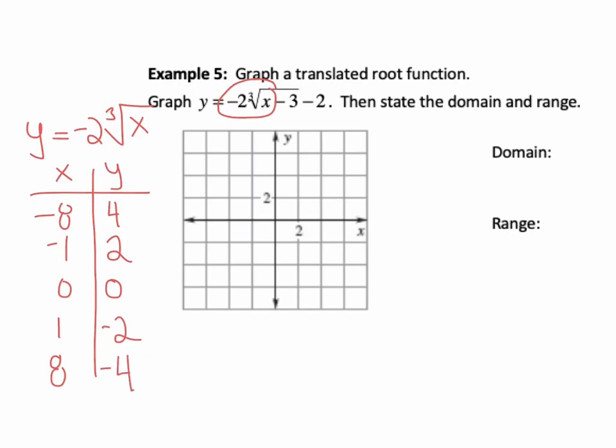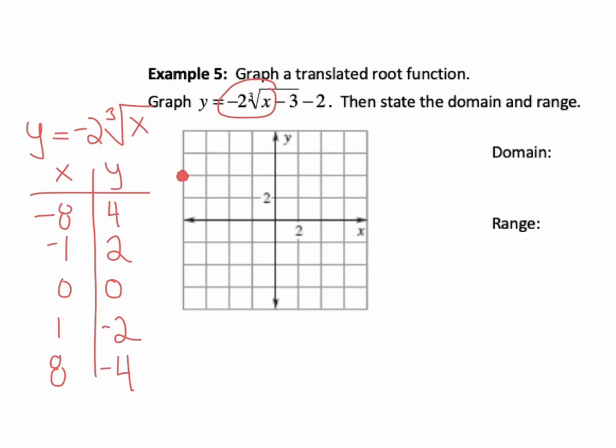Notice my scale is by 2 this time around. So to plot the point -8, 4, I go over -2, 4, 6, 8. Whoops, forgot to move up. Okay, -8 and then up 4.